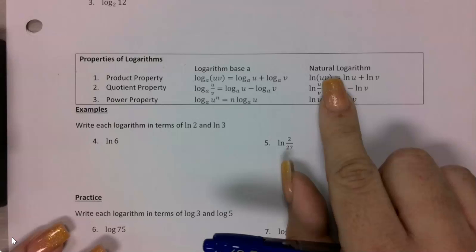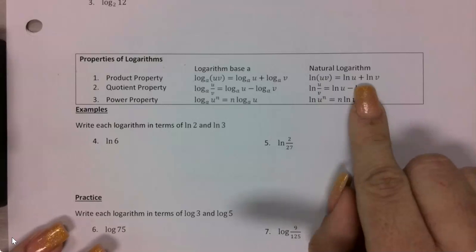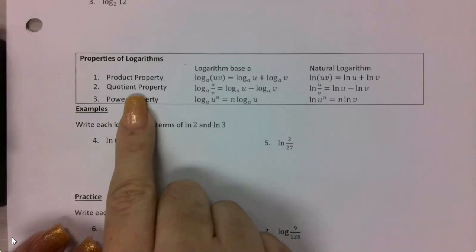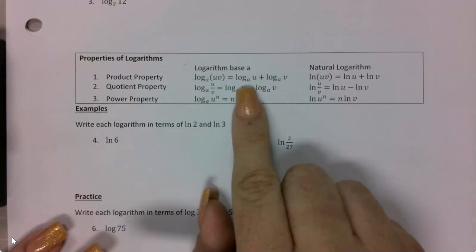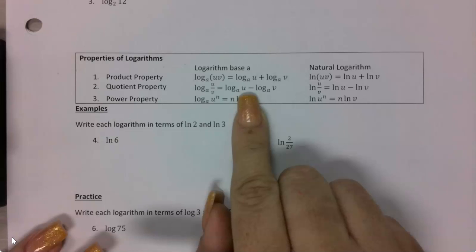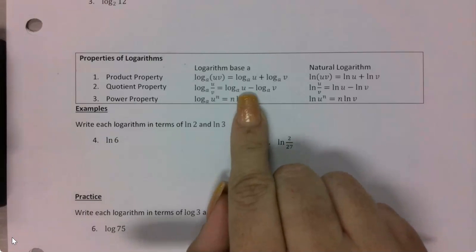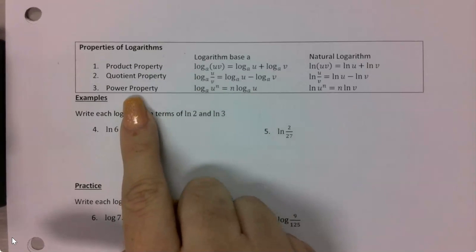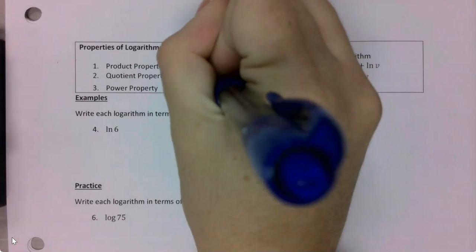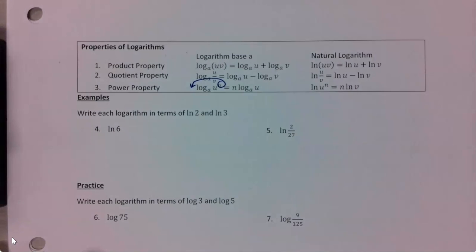If there's two things being multiplied, I can split it up with addition. Quotient property is if I have two things that are being divided, I can split it up with subtraction. So just like negative exponents turn into division, it's quotient property. And then the power property is if I have an exponent, I can move it out front of my logarithm. And this works for both regular logs and natural logs.